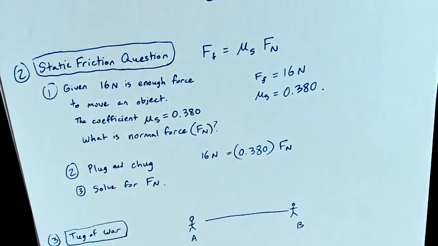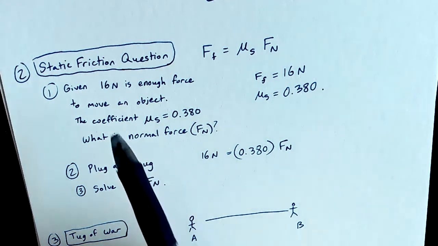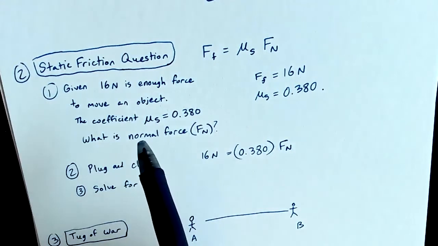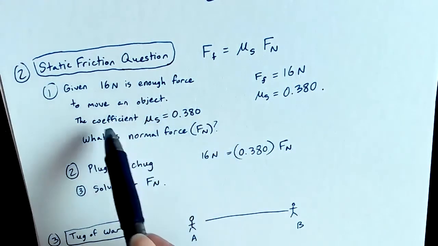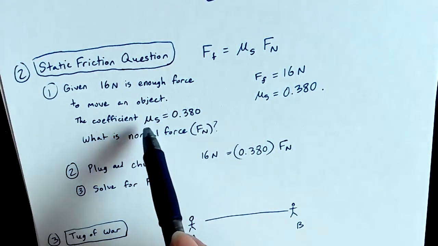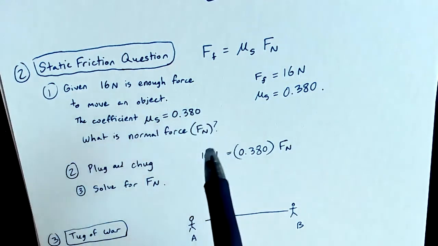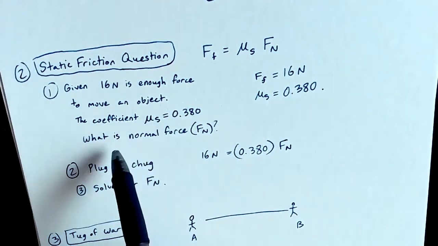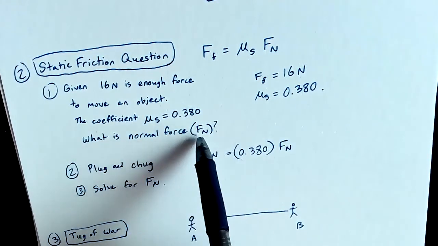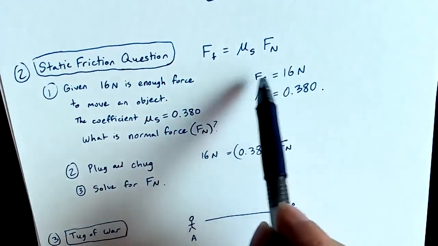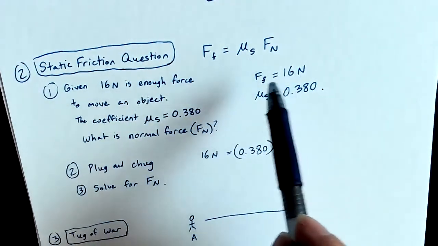So here is our first example of a static friction question. Given that 16 newtons is enough force to move an object, and the coefficient of static friction equals 0.380, what is the normal force, F of n? So you're given the force due to friction.